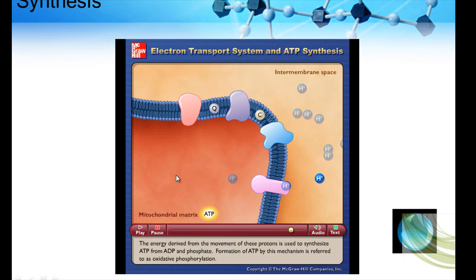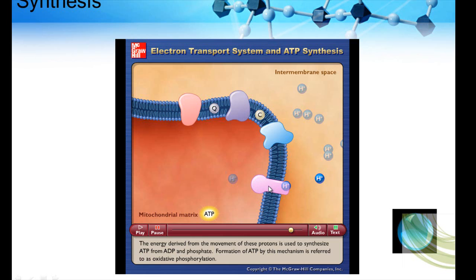It's sort of like if you've ever seen a water mill. You spin the water mill, and as you spin it, you can use it to turn a grinding stone in a mill to grind wheat or corn into flour. All we're doing is going through here and powering this little ATP synthase, and that's an enzyme.